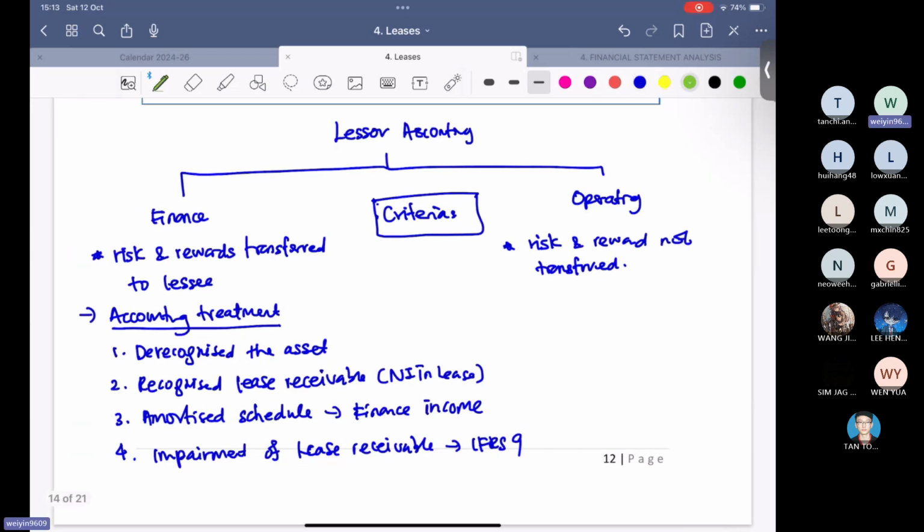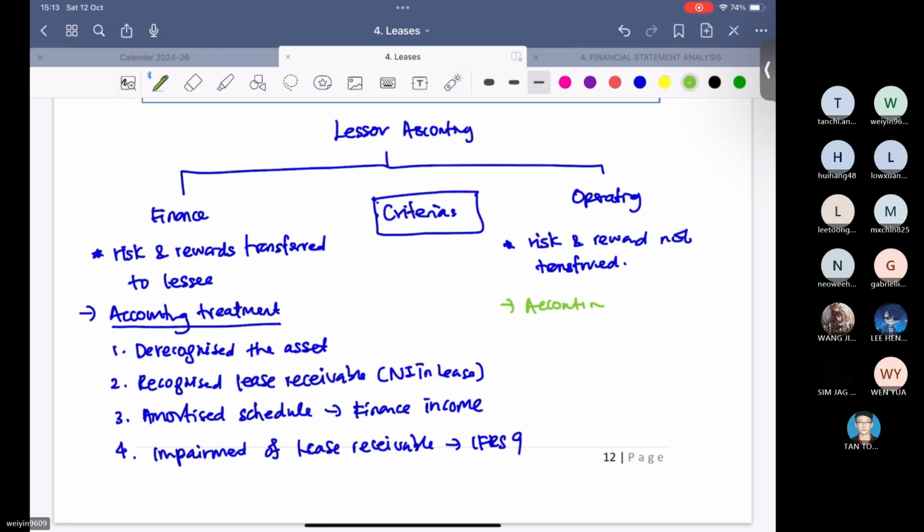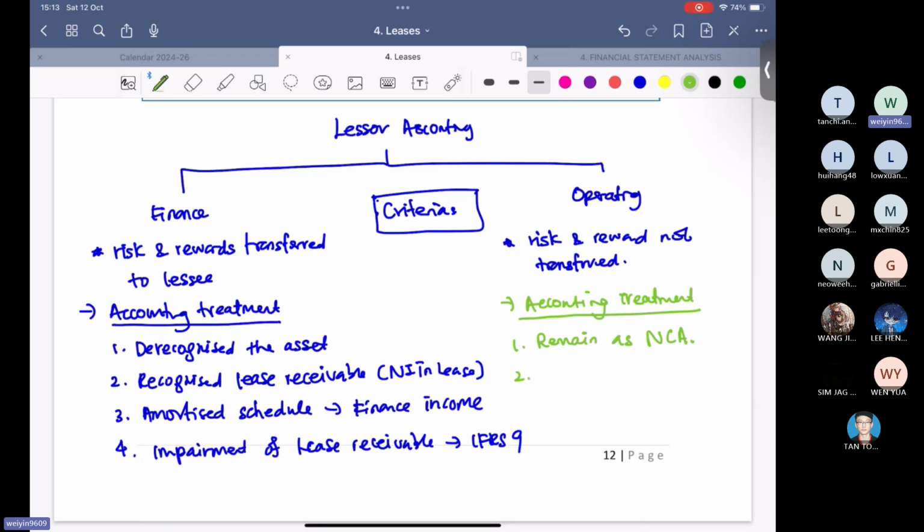As for your operating lease, under your accounting treatment, number 1, you will remain as non-current asset. Just now the one I said de-recognize, so the other one will remain. Number 2, since this is your asset, kindly go for depreciation over useful life.